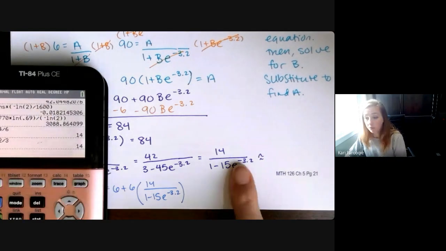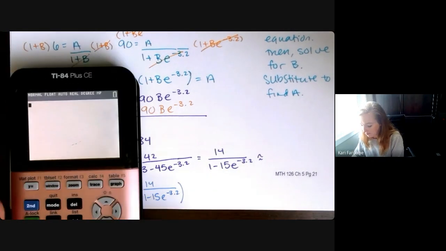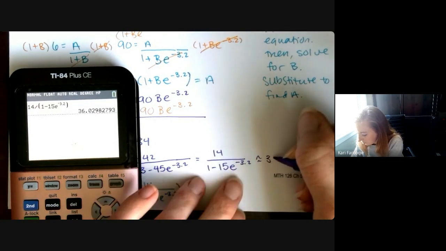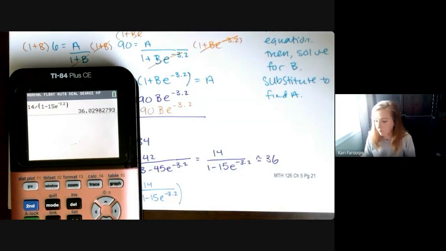So first we'll find B. This is 14 divided by 1 minus 15 times e to the negative 3.2. And this is approximately, I mean, it's so close. You can just approximate it to 36. So we're going to use it in the function.